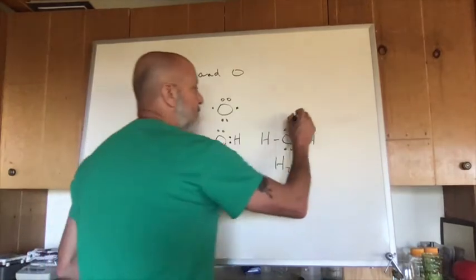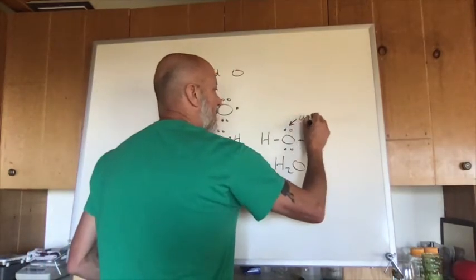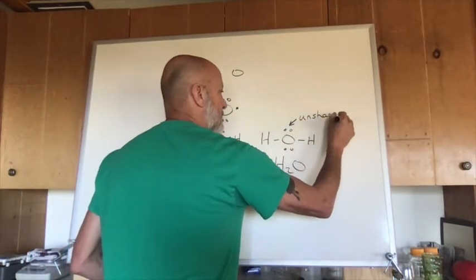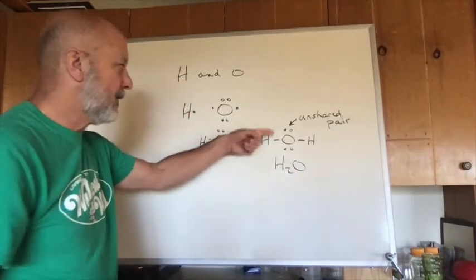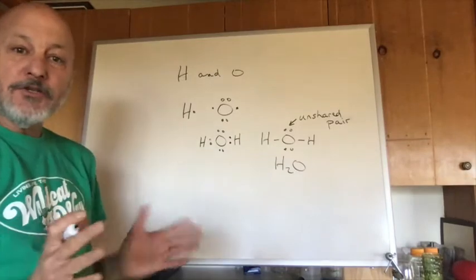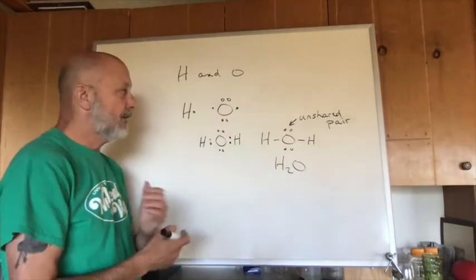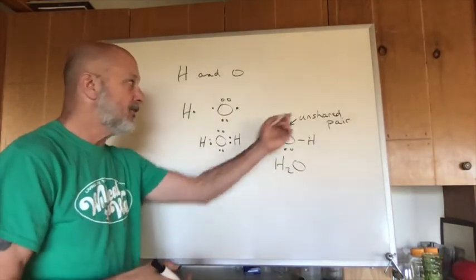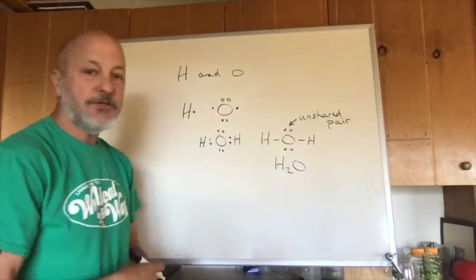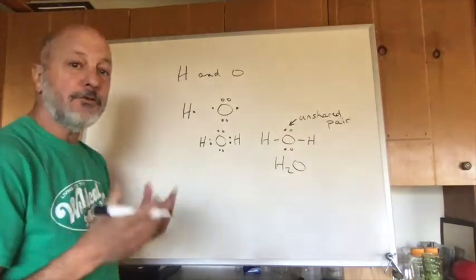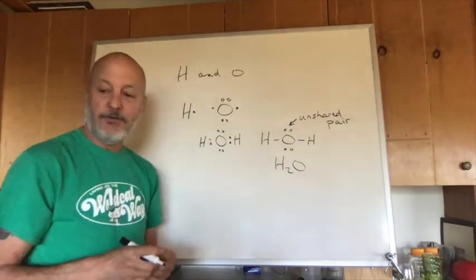And there are 2 pairs, this pair and this one down here, that oxygen is not sharing with any other atom. So we call them unshared pairs. Here's a shared pair, which is a covalent bond, and here are unshared pairs. Most molecules do have a combination of shared pairs and unshared pairs.